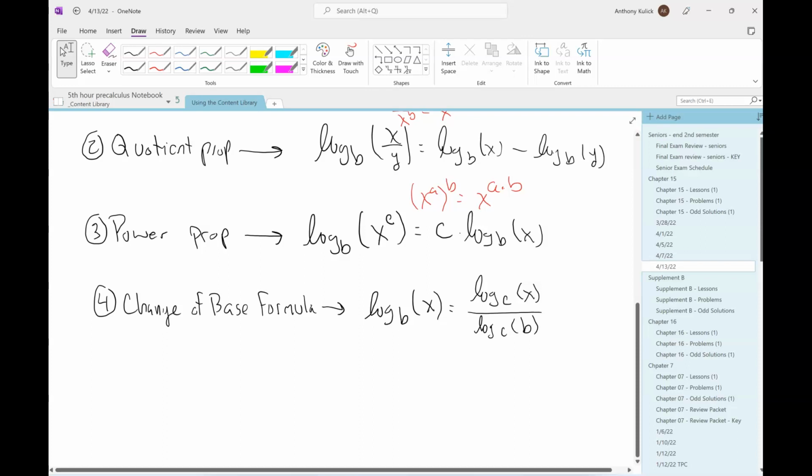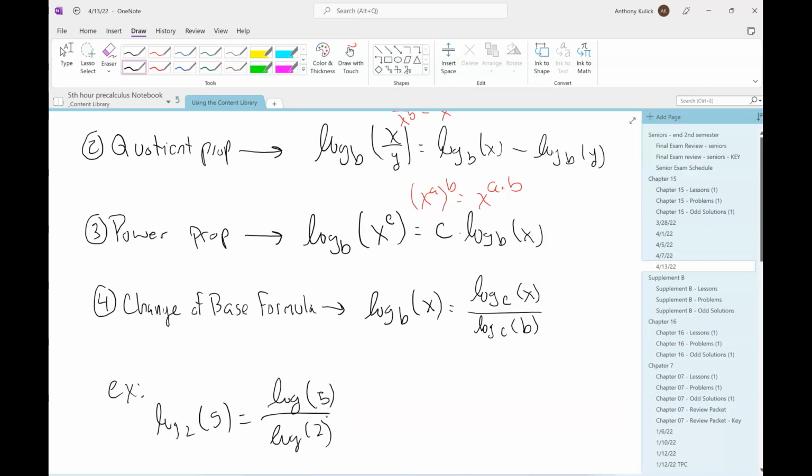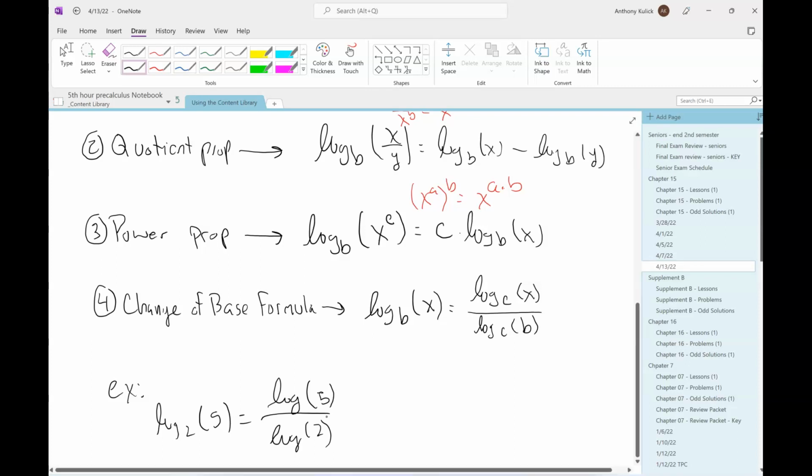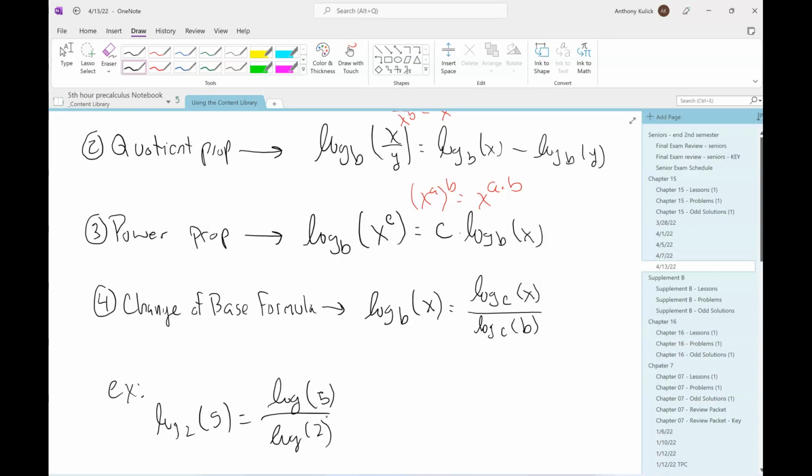So I had to use the change of base formula to take log base 2 of 5 and rewrite it as the common log of 5 over the common log of 2. Look up those values in the book and then divide them on my 4-function calculator. So life was kind of a hassle. Now you guys, on your calculators, you can type in log base 2 of 5 directly. You don't have to mess around with that.